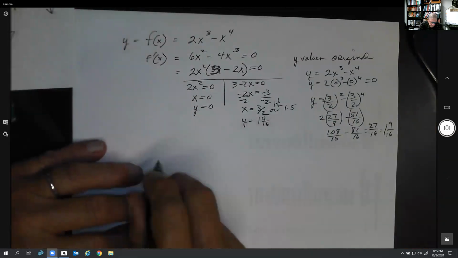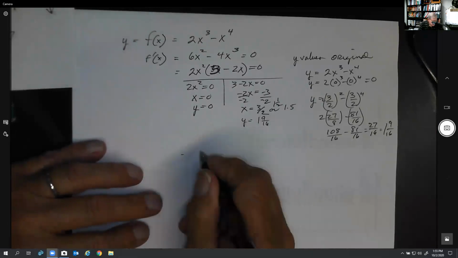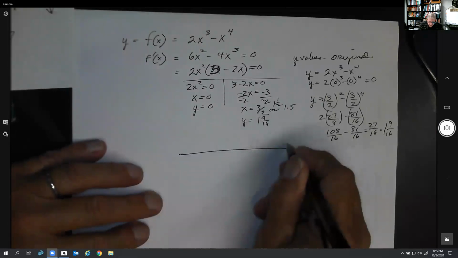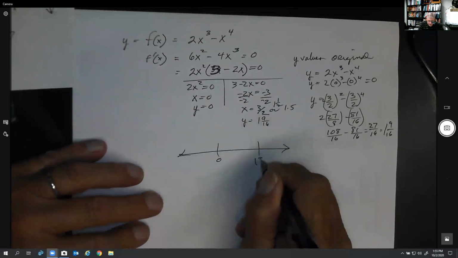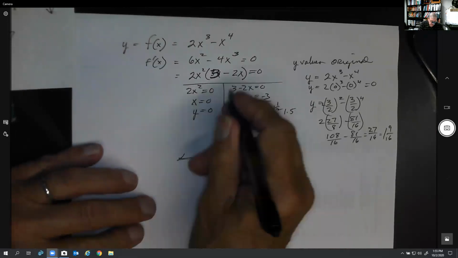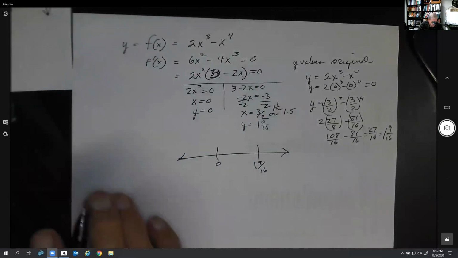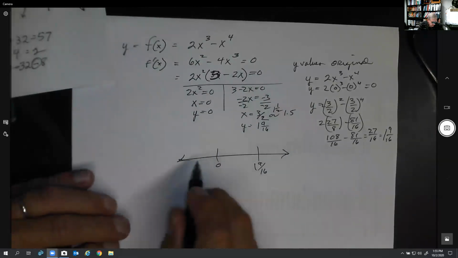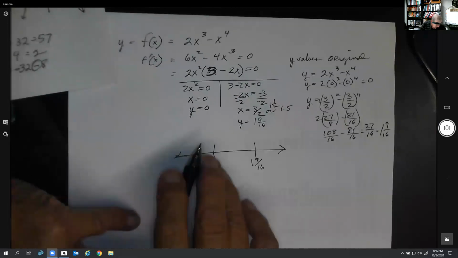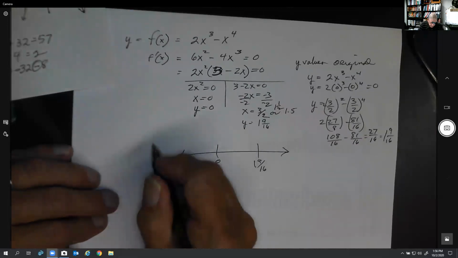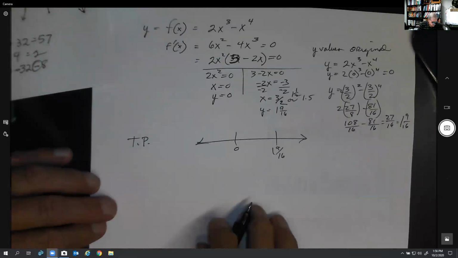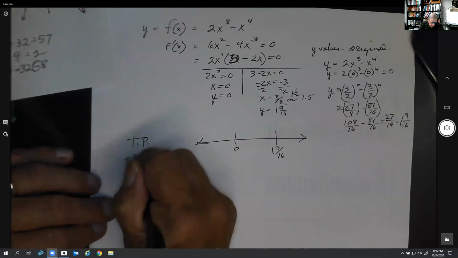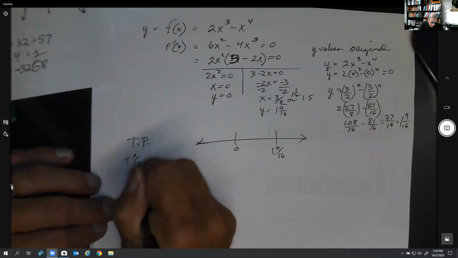Now let's see what happens with those critical points. Don't substitute these in. Pick numbers in these restricted areas. So I went ahead and picked a -2. These are my test points. Sometimes we call them TPs, test points. And we put those into the first derivative.